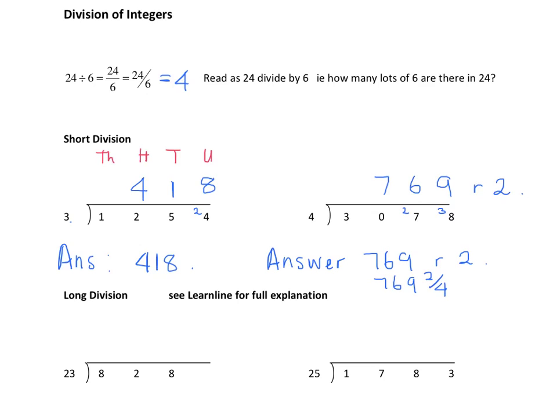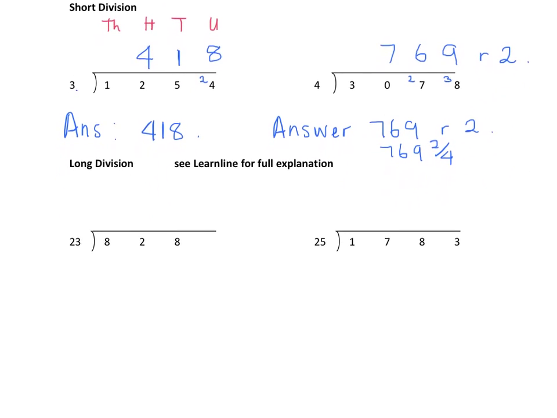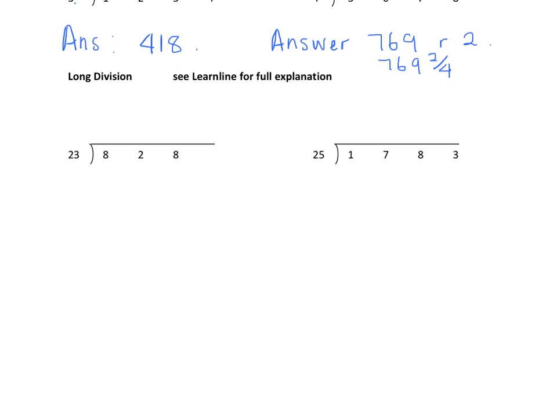Now the next type of division we're going to be looking at is long division, and that's when the number we are dividing by is a 2-digit number or even a 3-digit number, but we'll restrict ourselves to 2 digits. So we're dividing 828 by 23. This is called long division, and if you really want to read a full explanation of it, I think it's in the study guide.